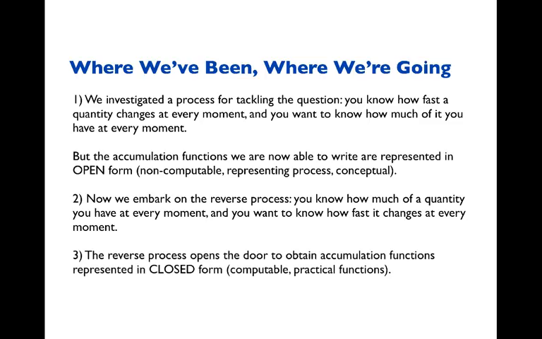Going through this reverse process will open the door to obtain our accumulation functions represented in closed form. This is the thing that we're not able to do yet, right? Those integral functions that are representing an accumulated amount in open form, by going through this reverse process, we'll gain the ability to write those open form integral functions in closed form.